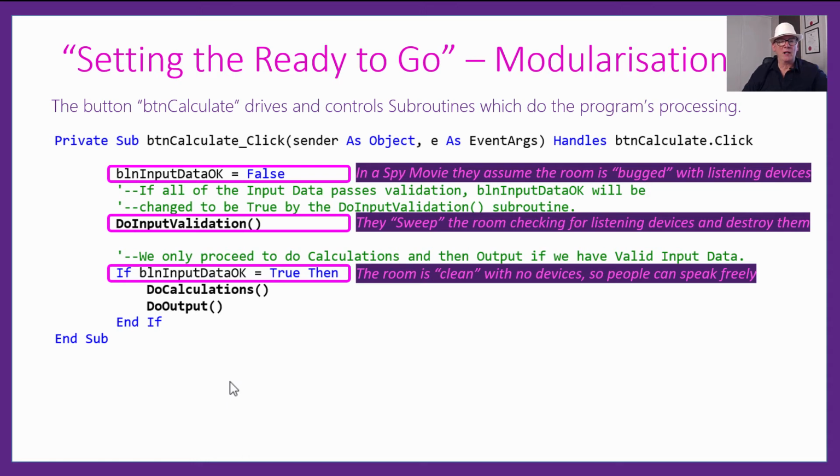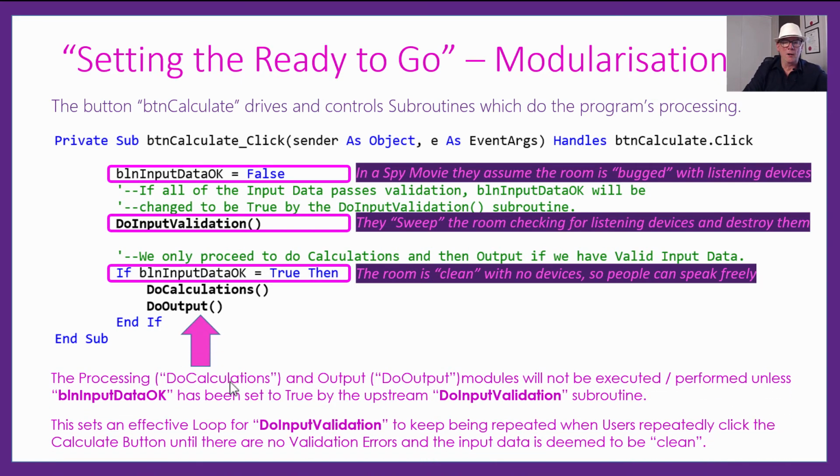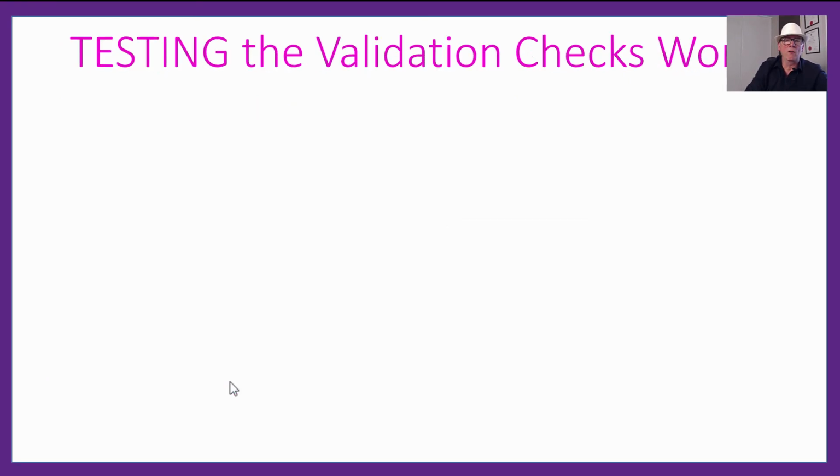And then we'll have other subroutines to finish off the program, doing the I, P, and O, the input, processing and output. And we're not going to let those processes happen until we know everything is clean and ready to go. It protects the rest of the program from trying to go ahead with bad data and crashing or getting the wrong answers.